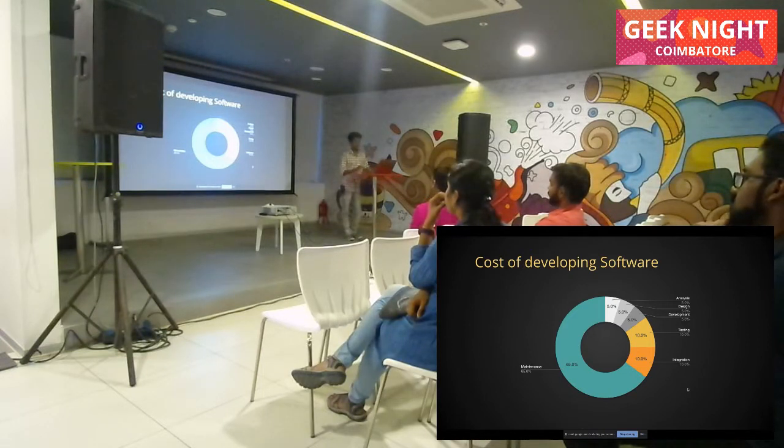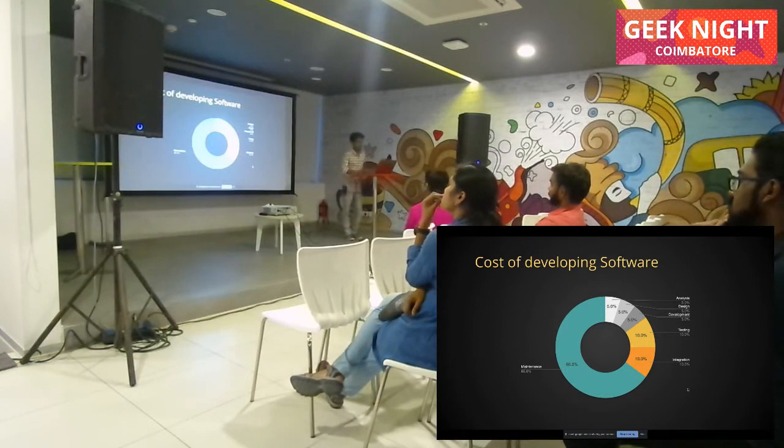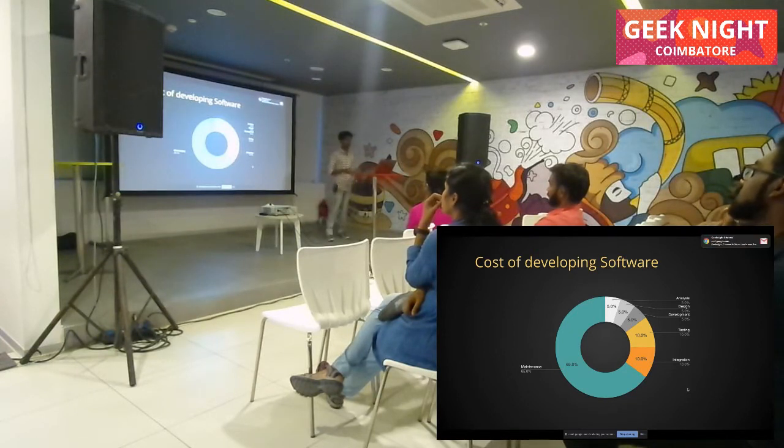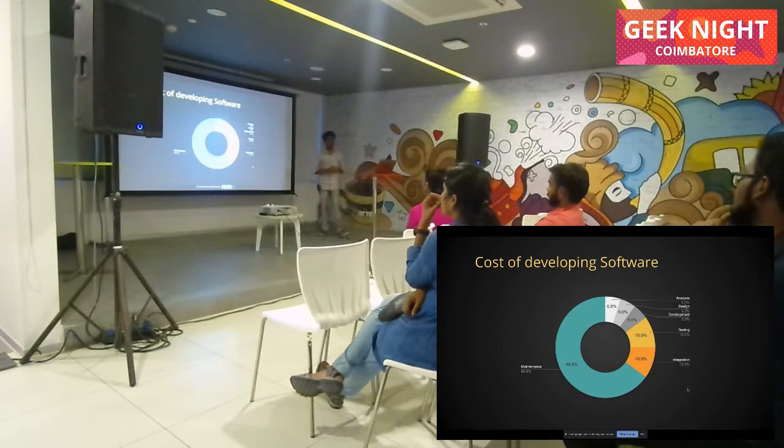By integration I mean integrating with other applications or sub-functions, and the maintenance. So if you see this, the maintenance part is taking 65% of the total cost of developing software. Meaning it is way more expensive than writing tests or writing code.